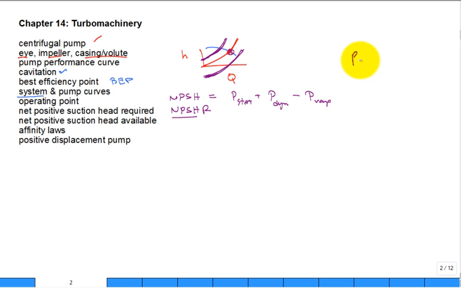Sometimes I'll write Psat, sometimes I'll write PVAP, sometimes I'll write PV. It's all the same thing. It's the saturation pressure of the fluid at that temperature, which is being ingested into the pump.